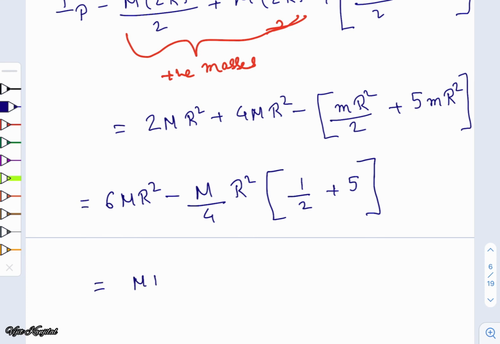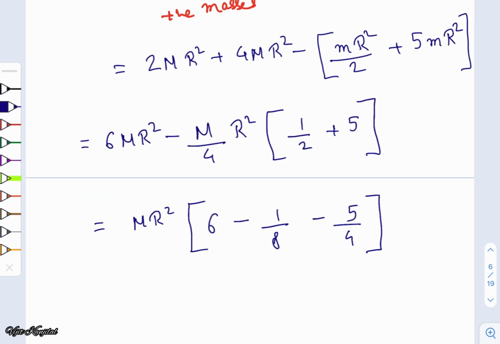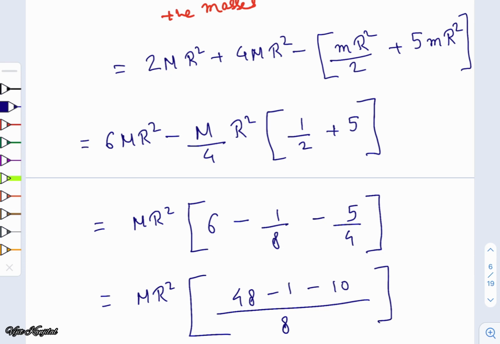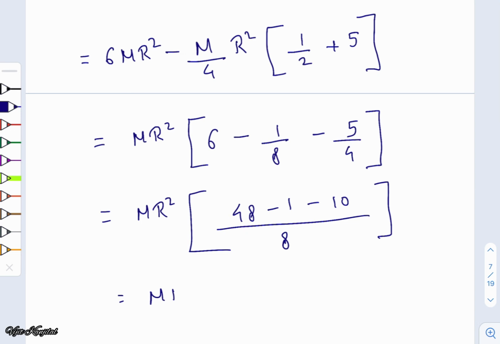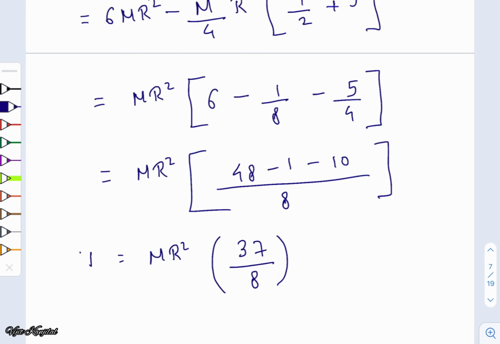So let us take the M r squared terms common. So what do we have? 6 minus 1 by 8 minus 5 by 4. So M r squared times, let us take 8 as the LCM, it would be 48 minus 1 minus 10. So M r squared times 37 by 8. So this is what is IP.